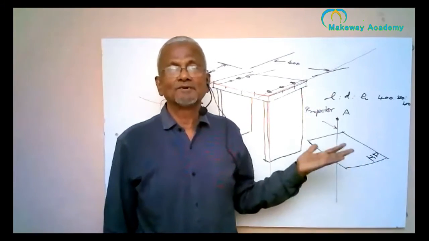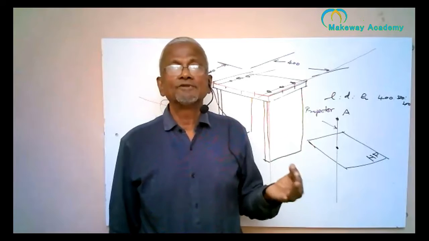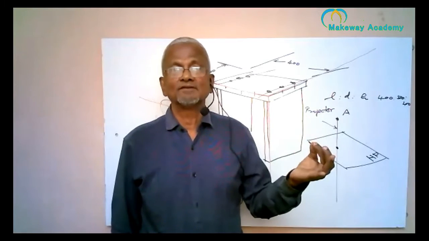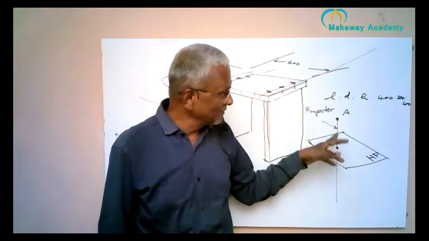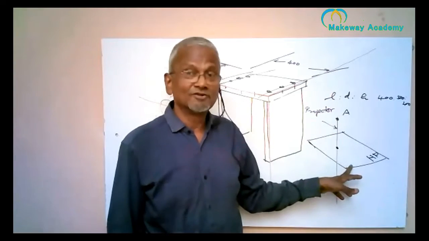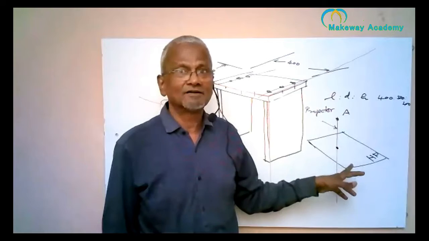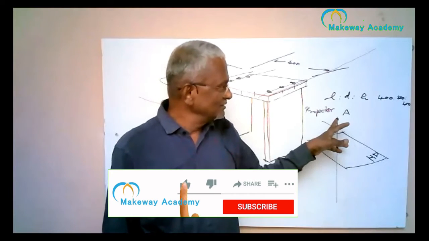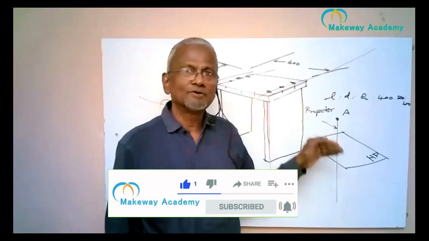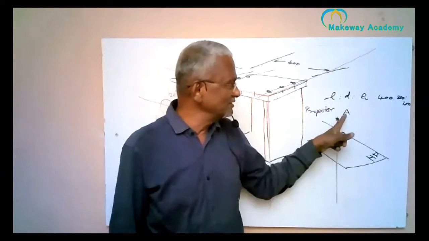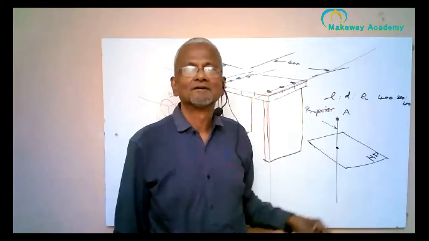In this example, I'm just telling you how the point A, which is in space, is projected onto a horizontal plane. This plane is kept horizontal, so I call it a horizontal plane. Now, how do I project this point A to this plane? Very simple.